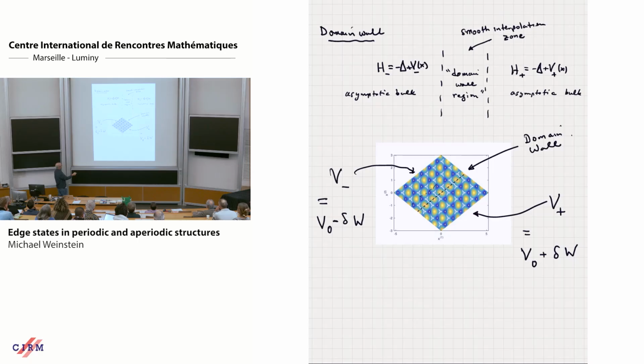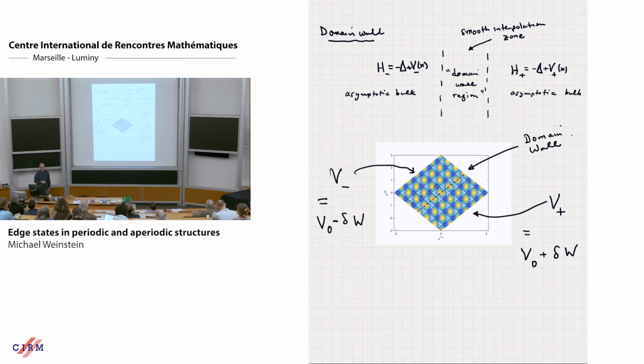And here's a numerical plot of an example where you have something which is perfectly periodic over here, V minus, perfectly periodic over here at infinity, V plus, and you see that there's some kind of phase shift or dislocation along this boundary. This is the edge over here, or the domain wall.